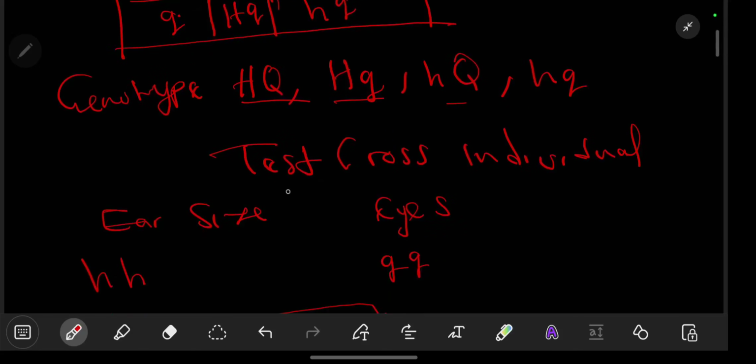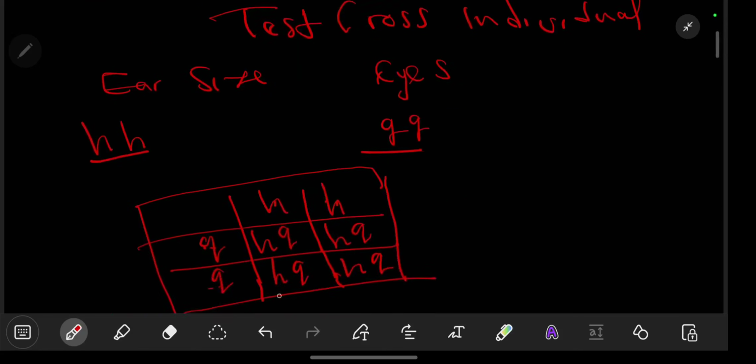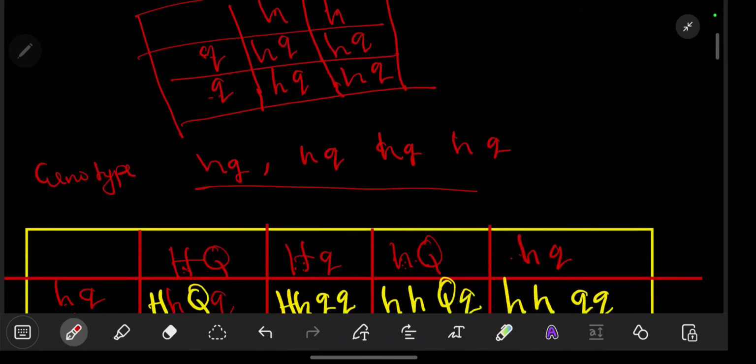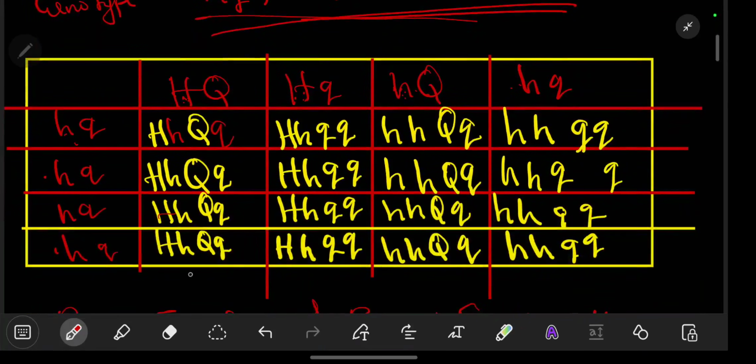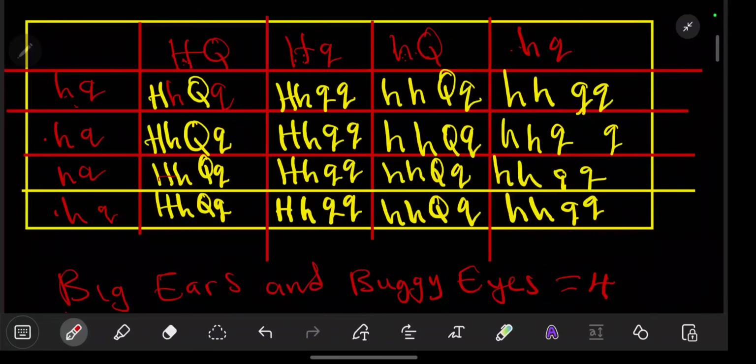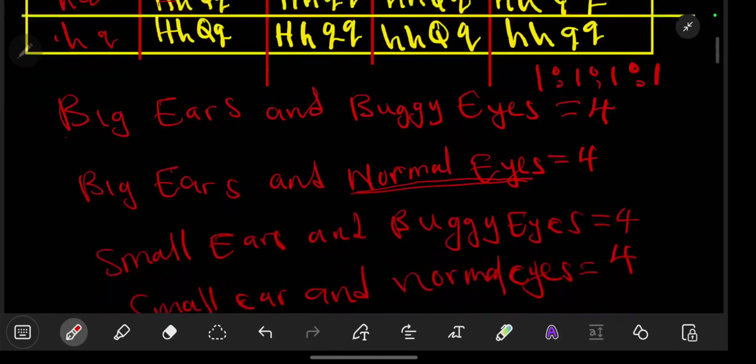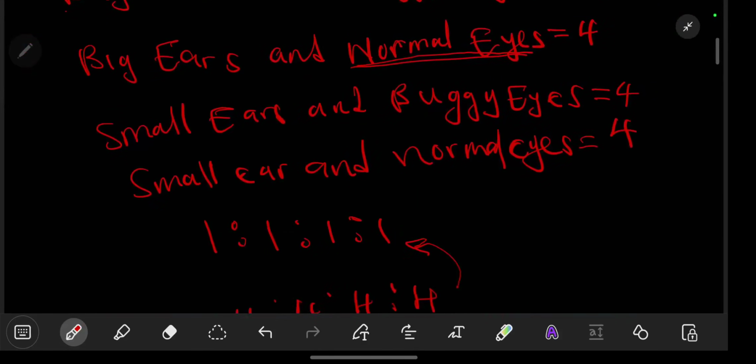So after you get this, the test cross is the individual with both letters, like that. Fuse them. After you fuse them, come up with a 16 Punnett square, like that. If you test cross the heterozygous plus the recessive, the outcome is always a 1 to 1 to 1 to 1, like that, which is similar to that question that we have solved.